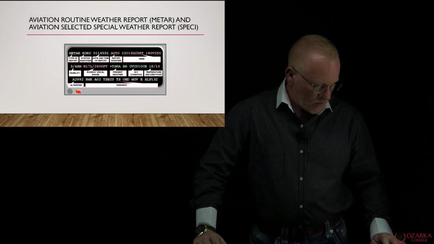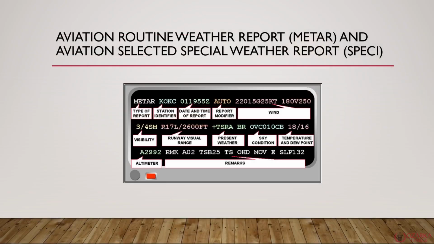Okay? So the time is 1955 Zulu. So if the thunderstorm began 25 minutes past the hour, the thunderstorm began at 1925.